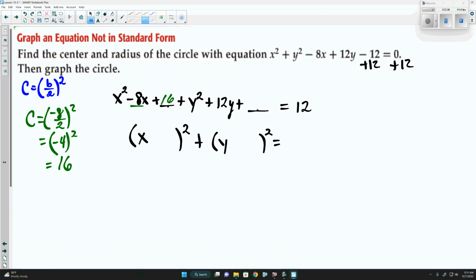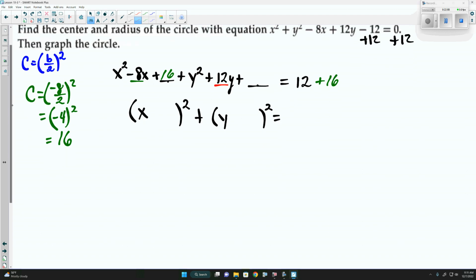But if I add a number to one side of the equation, we have to add it to the other. Questions on this so far? Well, we have to do this again because we also need it for y.